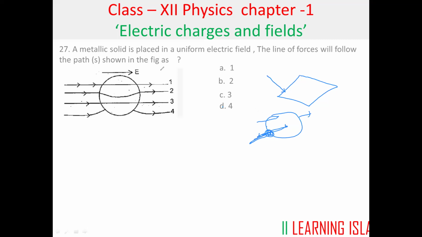So here you see, here this is the surface area, it is not perpendicular to this, here it is perpendicular, here it is not perpendicular, so the line which is perpendicular, this would be the proper answer.